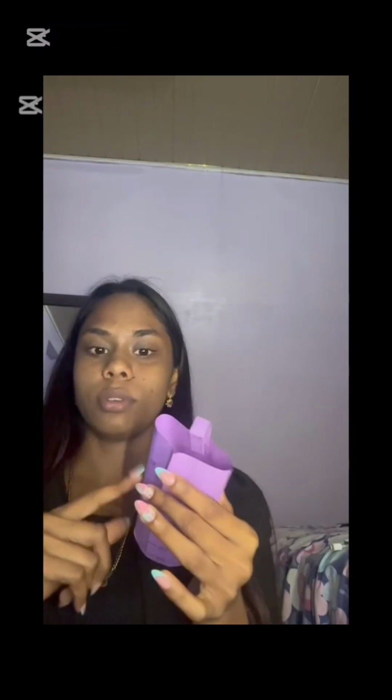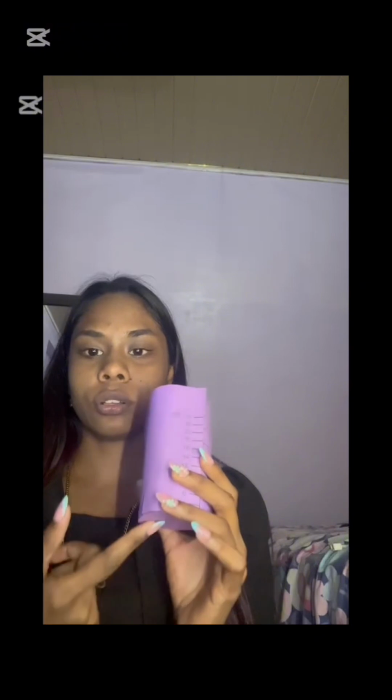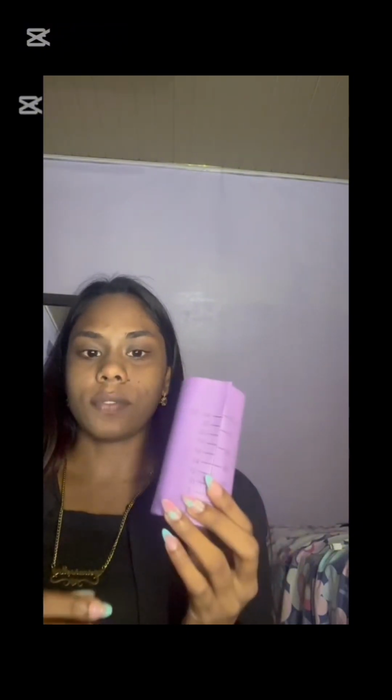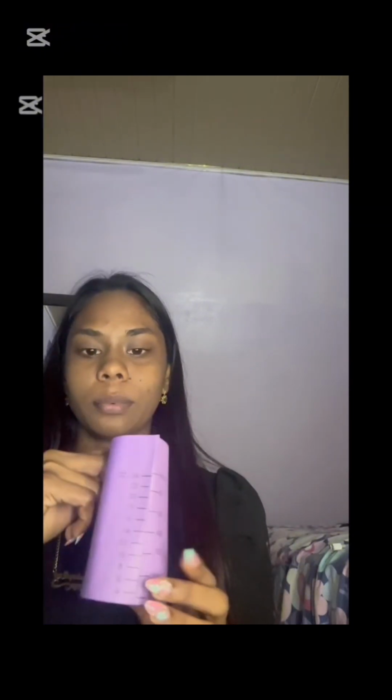So that's how you can demonstrate it to the grade 5 pupils, right? Not only liquid, you can also measure ingredients, say for example flour, while cooking and stuff. So that's what a measuring cup is used for.